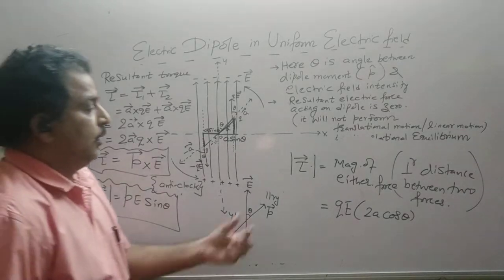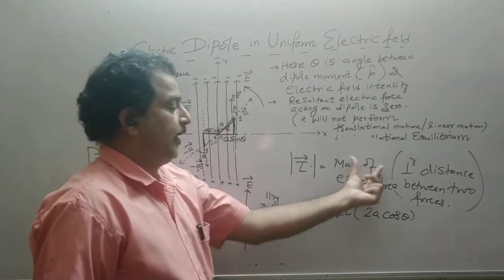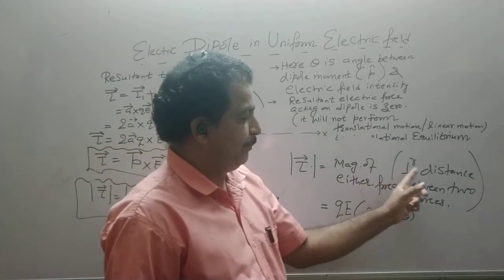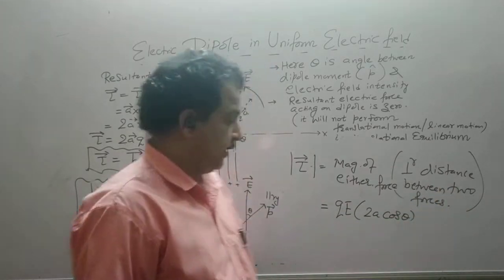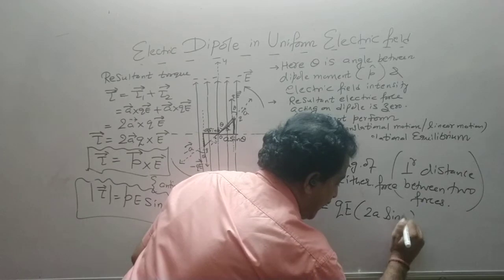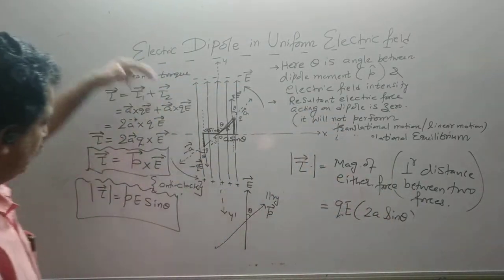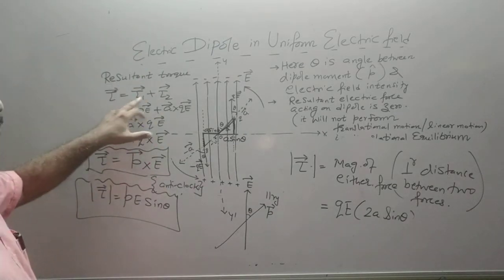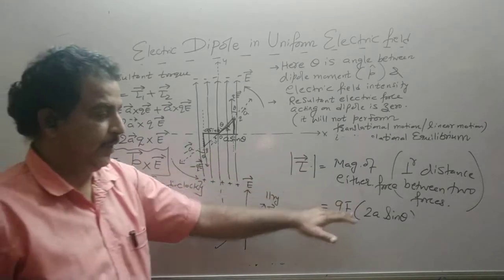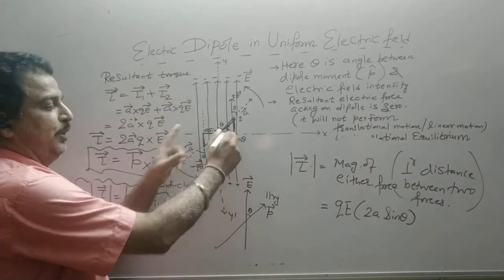So the magnitude of torque is defined as the magnitude of either force, that is QE, multiplied by the perpendicular distance between the two forces, which is 2A sin theta. This is another method. Earlier we took the help of tau 1, tau 2 and then found the resultant. This is another method; directly you can get the answer.